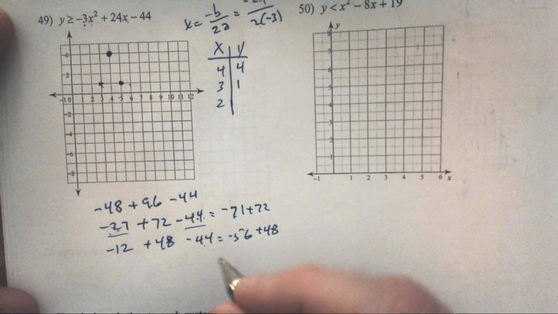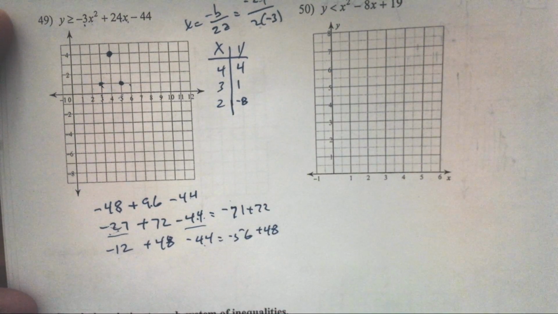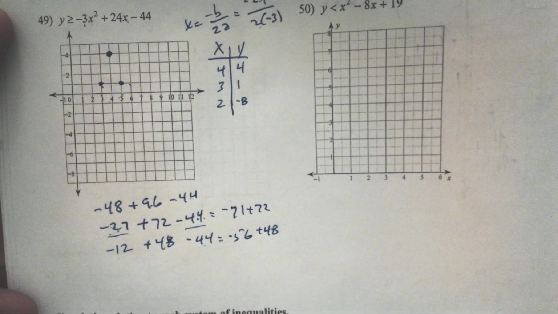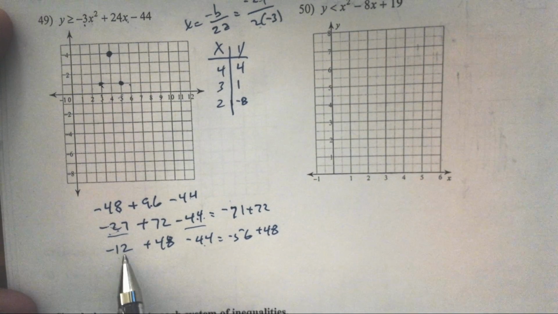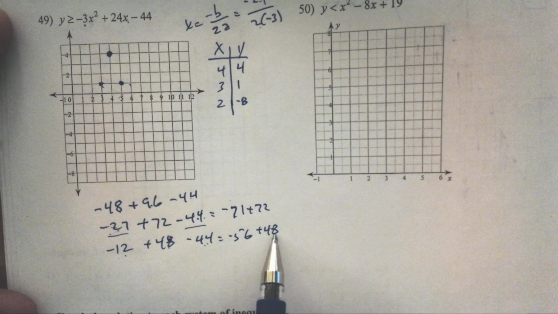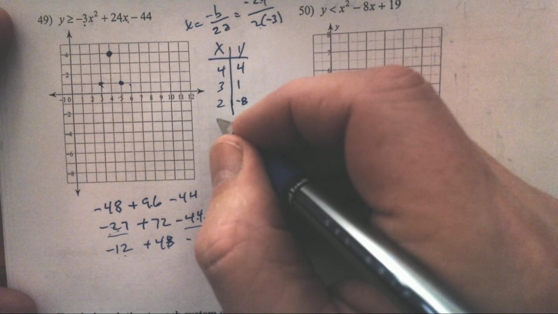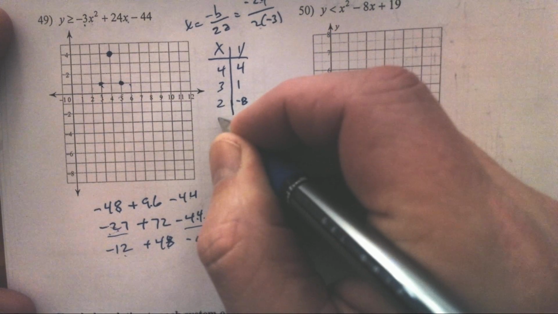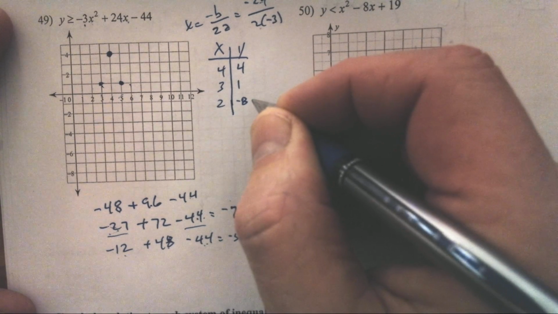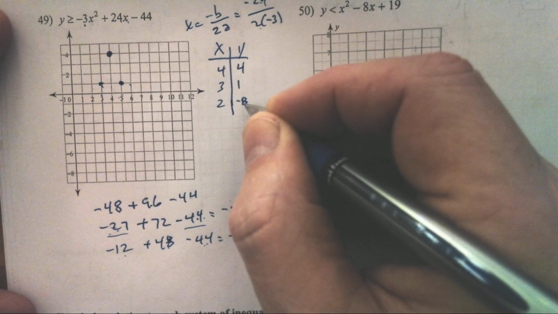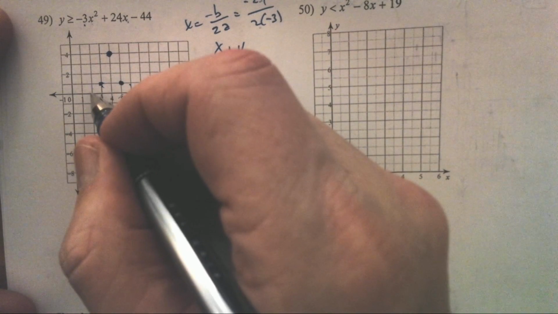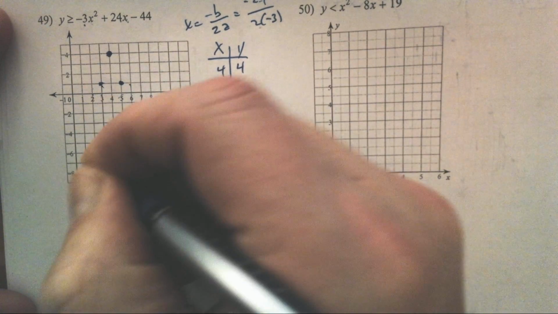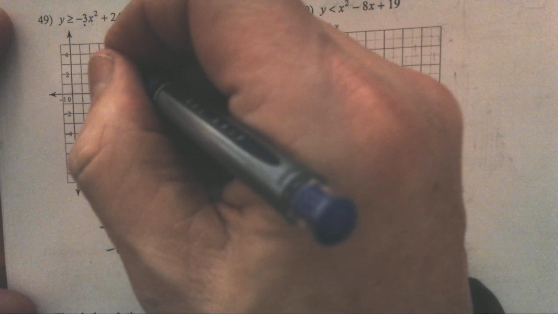That's a difference of 8, and it's negative, negative 8. Is that correct? Negative 56, the difference is negative 8. So when I put in 2, I got negative 8. 2, negative 8. I would expect 6 to be negative 8 as well.